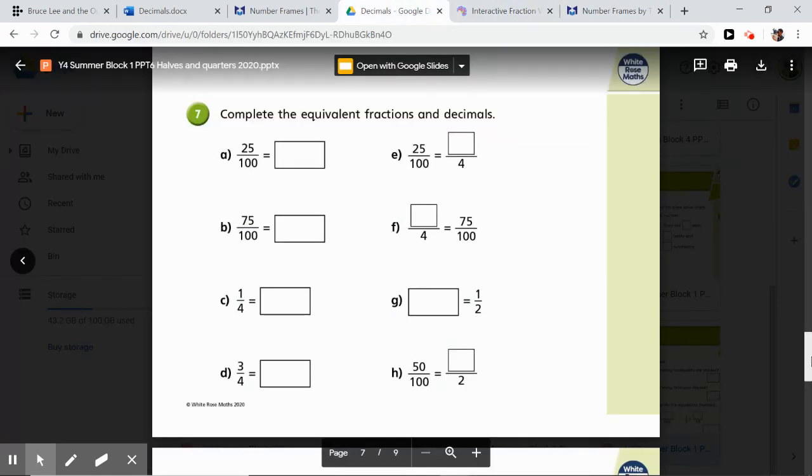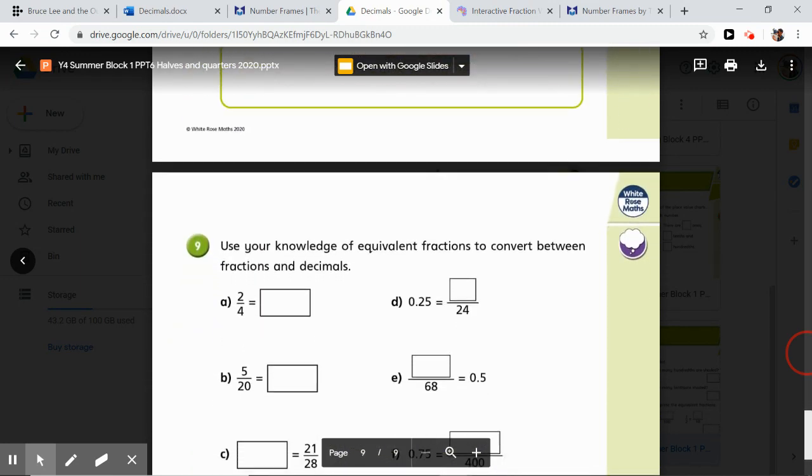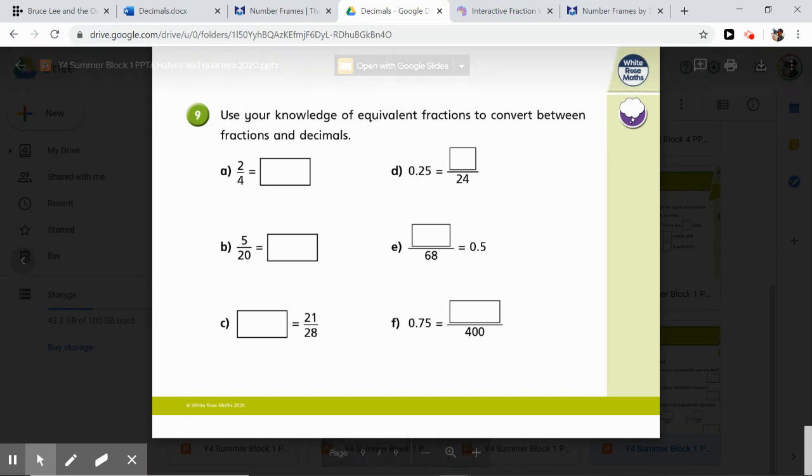And then for challenge 3, it gets a little bit more difficult. Now, for challenge 3, it's a little bit like challenge 2. But the difference is you are going to have a look at the fraction, and you're going to have to think, right, what is the relationship between the numerator and the denominator?